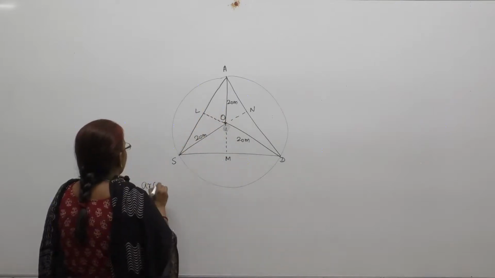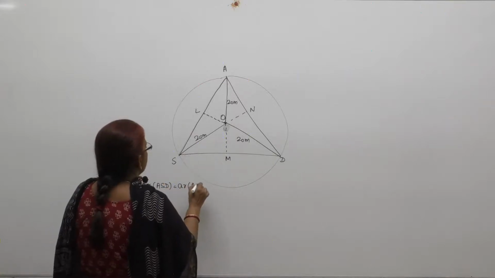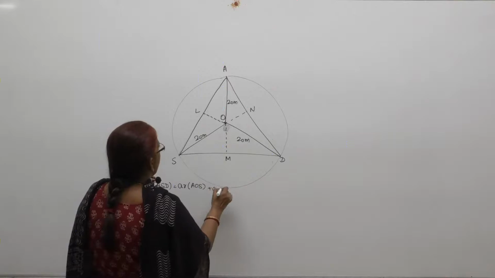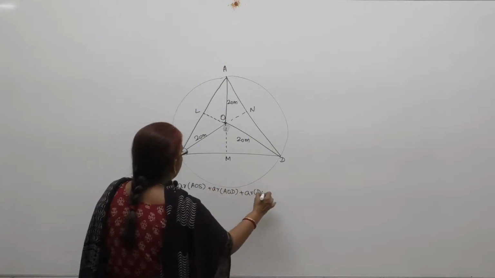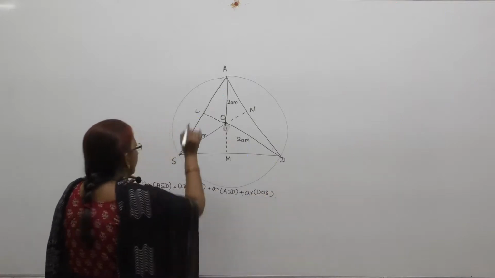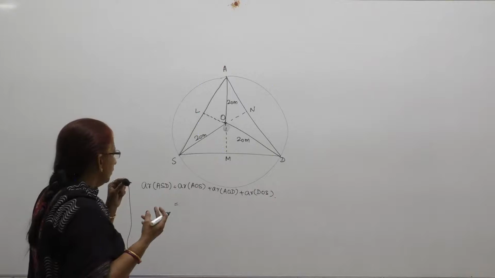So we can say area of ASD equals area of AOS plus area of AOD plus area of DOS. Now all of these will have equal areas because it's an equilateral triangle.